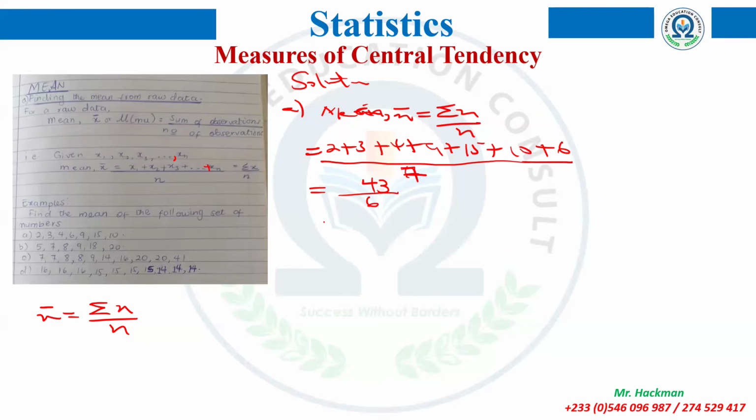43. Okay, so what would this give us? 49 over 7, rather, and I had 43. Okay, so that will give us 7. There is no unit here. We are dealing with numbers. So you end there.